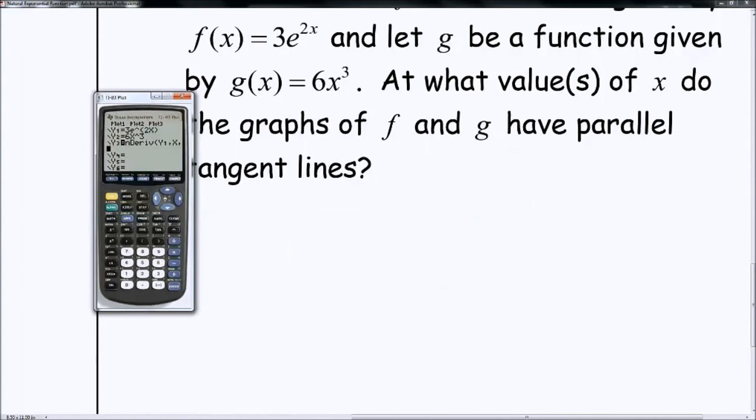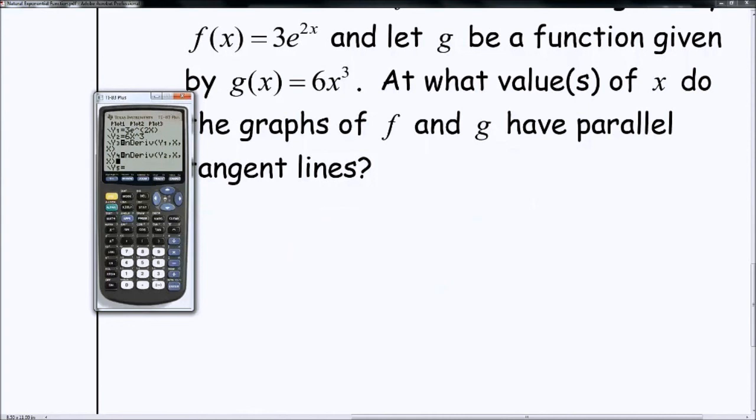Well, I want to graph all values of x, so I'm going to click x. That'll graph all values of x of my derivative. And I'm going to do the same thing with my y2. So I'm going to go to Math 8, so you can just hit 8. And then I'm going to go Variables, Y variables, Function, y2, and then comma x again. And I'm going to graph.